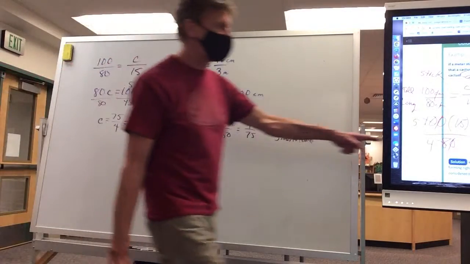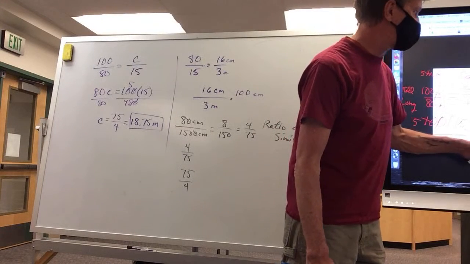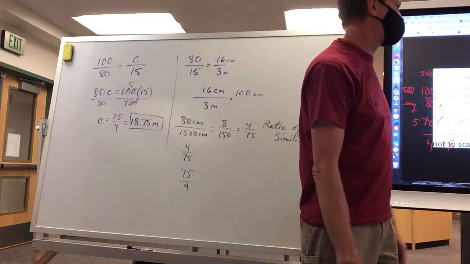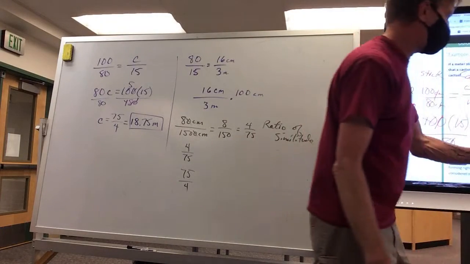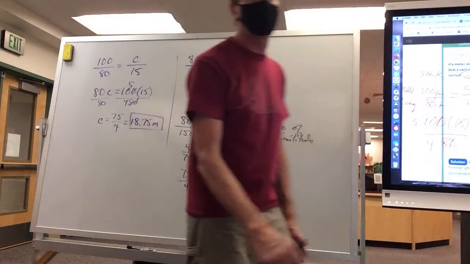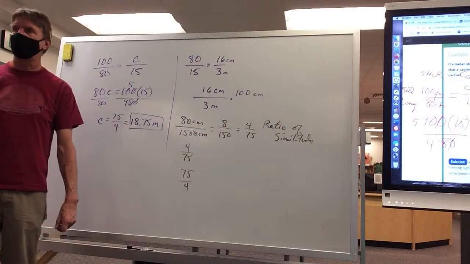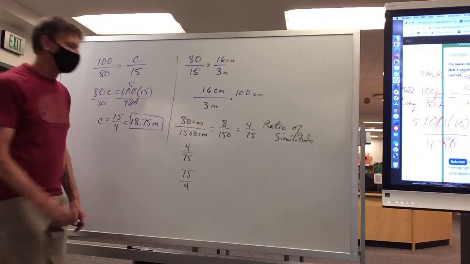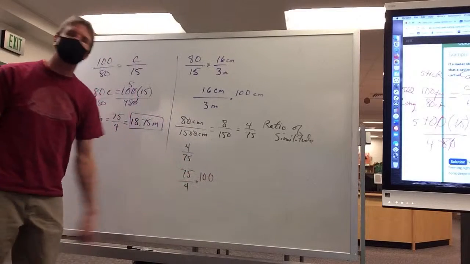So if we're going to go from a small stick to the larger cactus, which of these two would be the right one to multiply by? The bottom one. Now, that's centimeters.